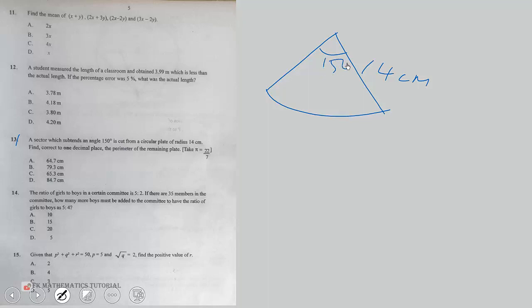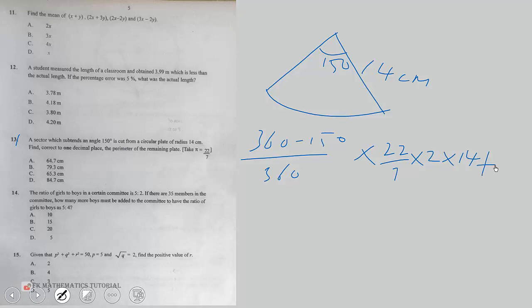So this is 150. So the remaining one will be 360 minus 150 over 360 times pi 22 over 7 times 2 times radius 14, 2 pi r, plus 2 times the radius, 2 times 14.